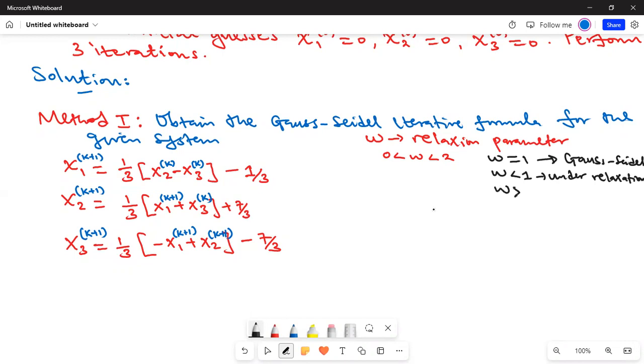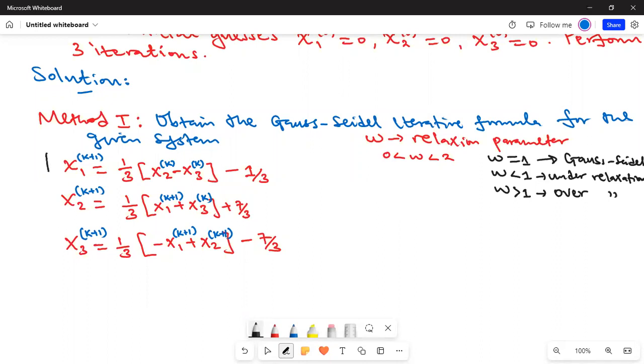And when it is greater than 1, we talk of over relaxation. So SOR will pick values of omega which are greater than 1 because from the name, it is successive over relaxation. For you to get over relaxation, the value must be greater than 1.